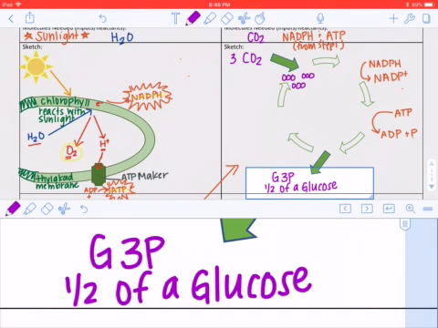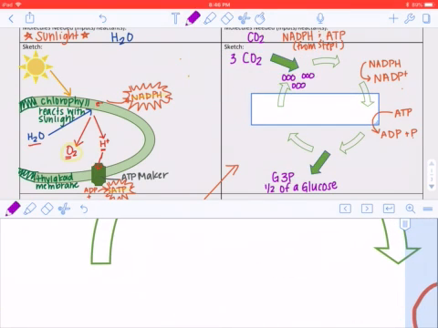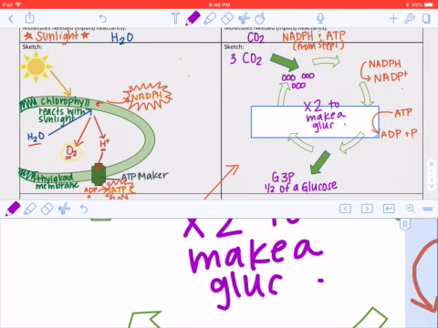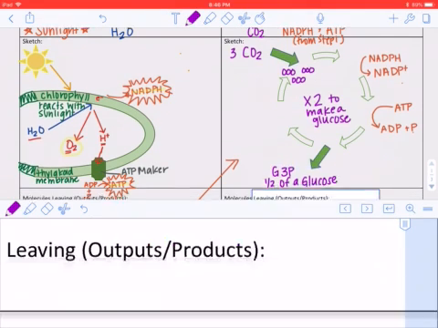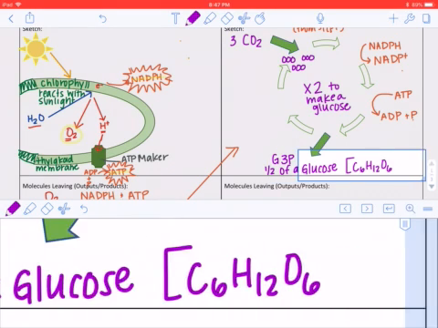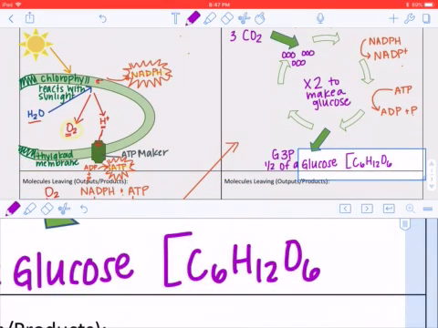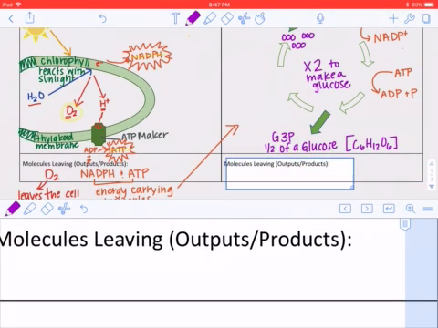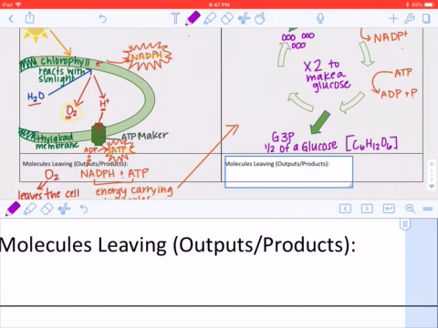Now, we only get half a glucose out. That means we have to do this cycle 2 times to make a glucose. Okay, and that glucose is going to be the formula of C6H12O6. And this is a really important thing for us to end up making. The molecules leaving, or the outputs of this, are going to be our glucose.